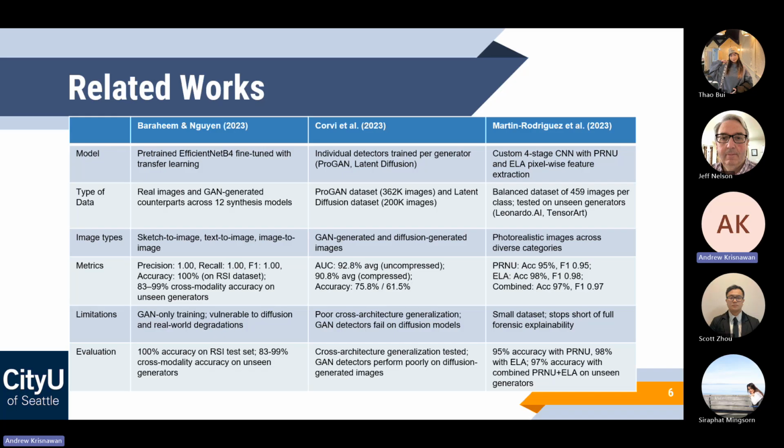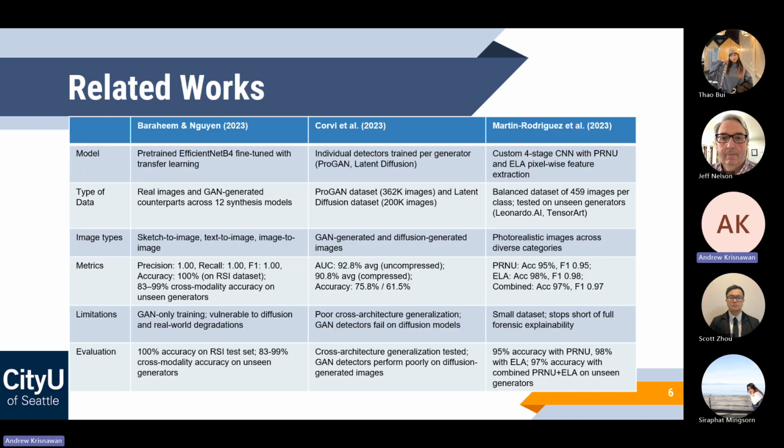That work directly inspired my use of EfficientNet, but I pushed EfficientNet B7 to include both GAN and diffusion data. Corvi et al. in 2023 trained individual detectors per generator, one for ProGAN and one for latent diffusion. They found that GAN-trained detectors perform poorly on diffusion images, which confirmed the generalization problem that I needed to address.